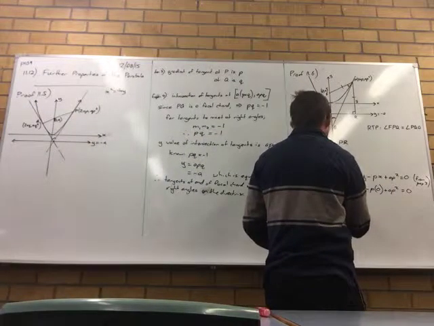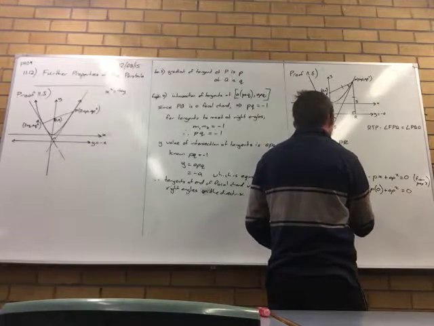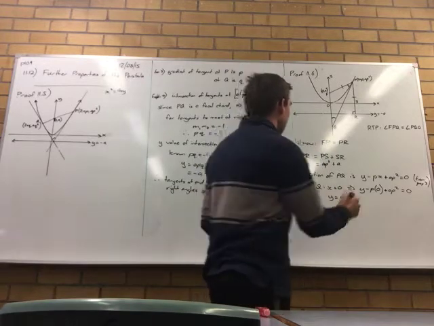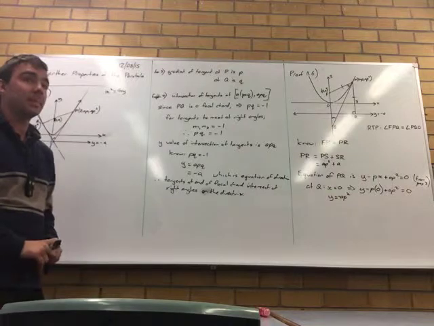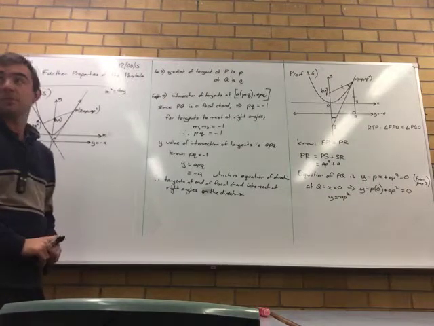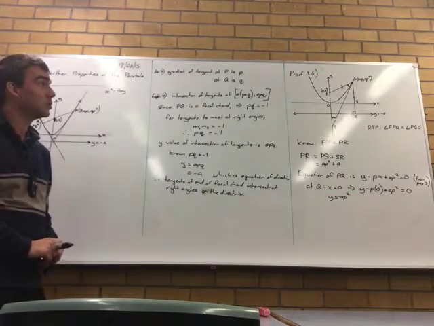So y is equal to negative AP squared. Right, yeah.